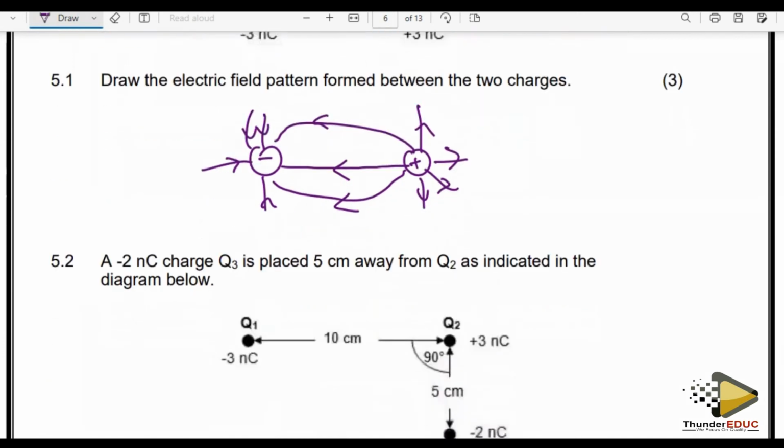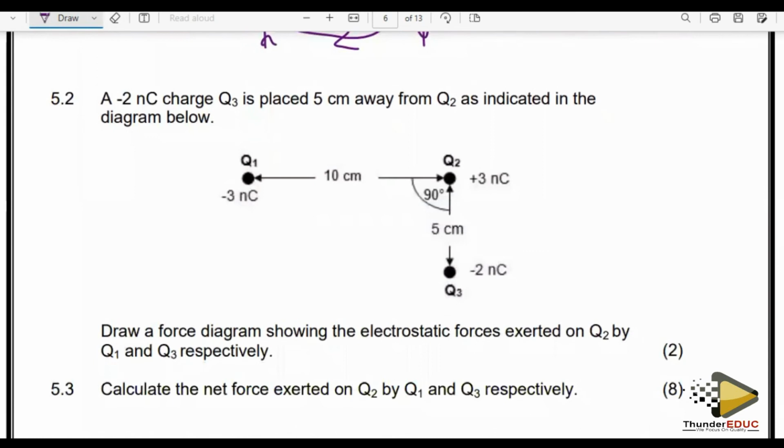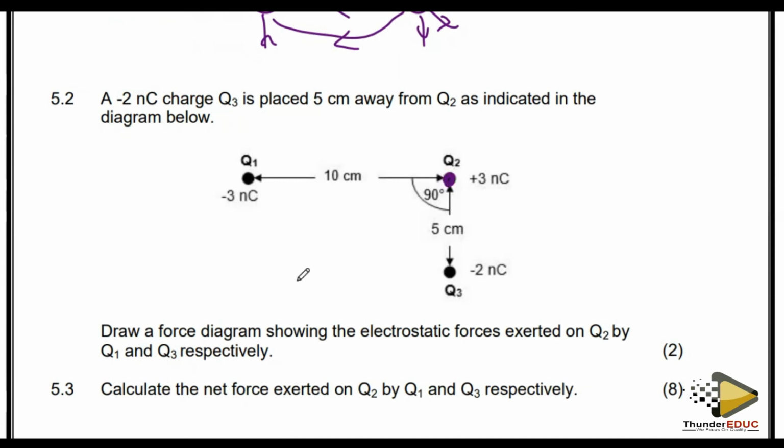Next we have 5.5. They want us to draw a force diagram showing the electrostatic forces exerted on Q by Q1.